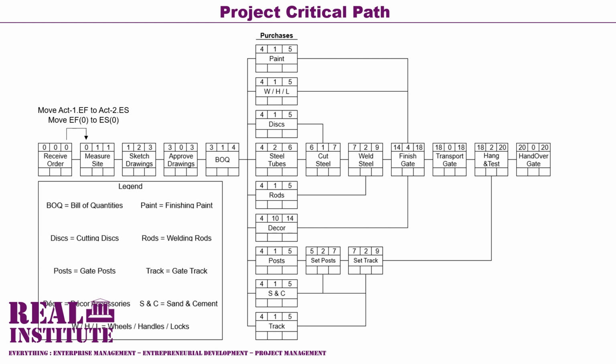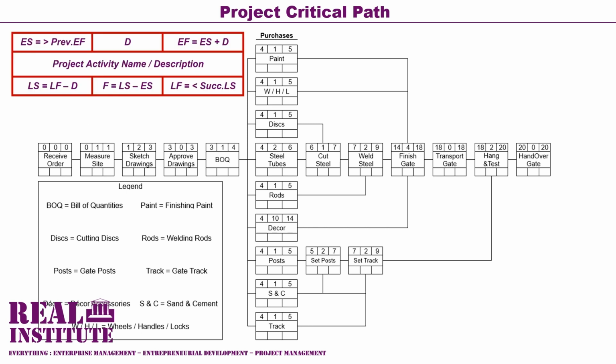We simply move that 0 to be the early start value for activity 2. And activity 2 already has a duration of 1. And therefore its early finish, which is calculated from adding its early start and its duration, is 1, because 0 plus 1 equals 1.